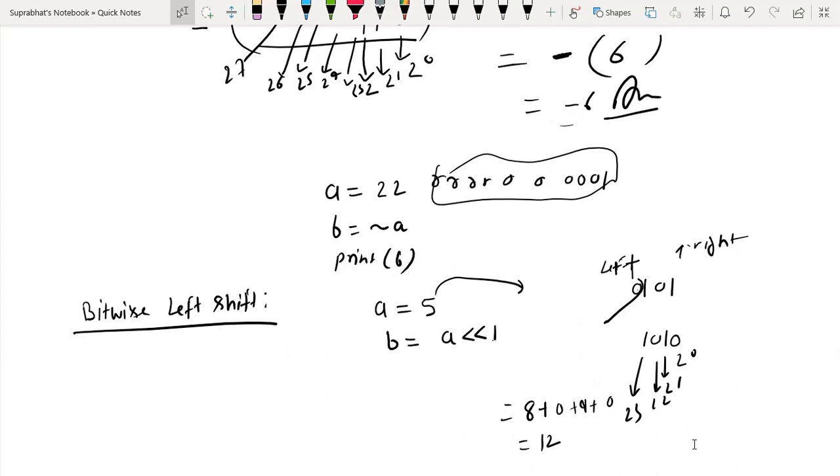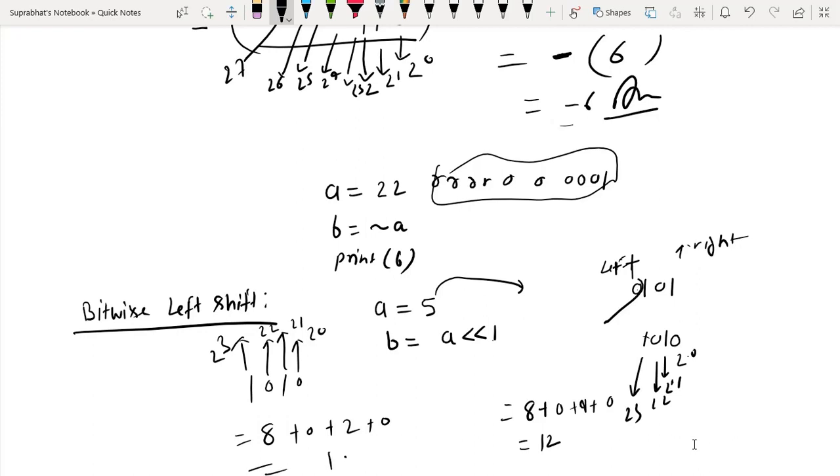Sorry, here we have 2 to the power 0, this is 2 to the power 1. I am explaining 1 0 1 0: this is 2 to the power 0, this is 2 to the power 1, this is 2 to the power 2, this is 2 to the power 3. So 2 to the power 3 is 8, plus 0, plus 2 to the power 1 is 2, plus 0, that is, the answer is 10.